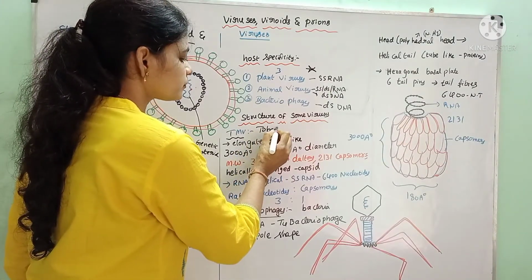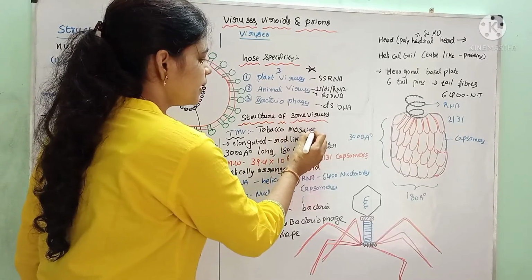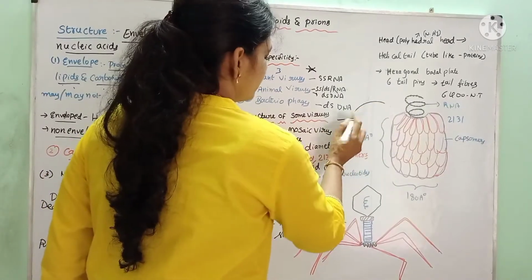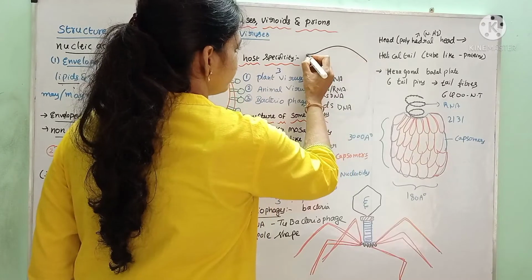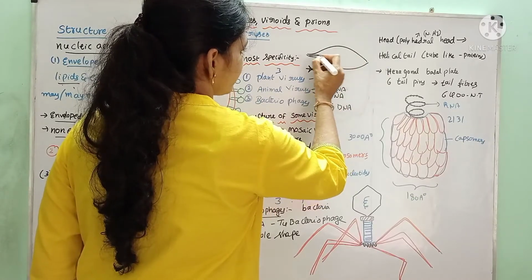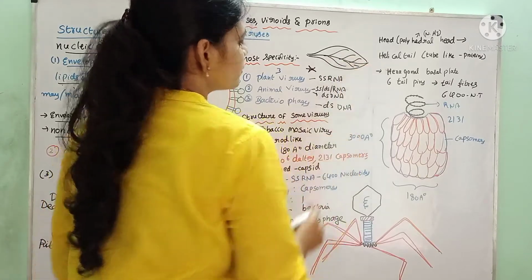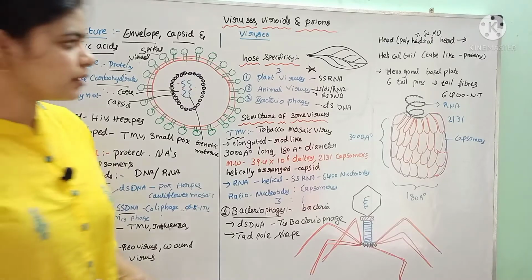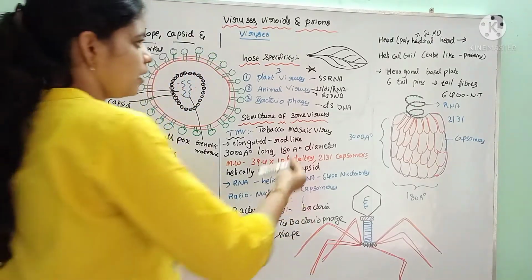Tobacco mosaic virus. So what will happen? For example, this is a tobacco leaf. The infected leaves show some mosaic pattern of patches.